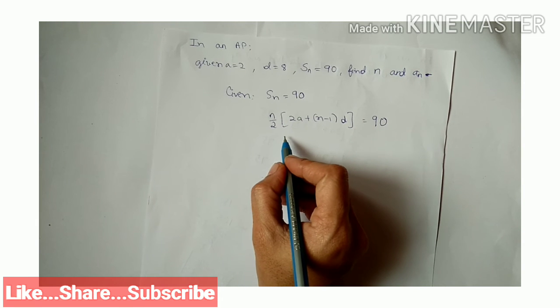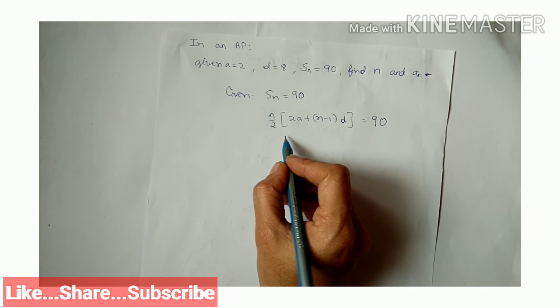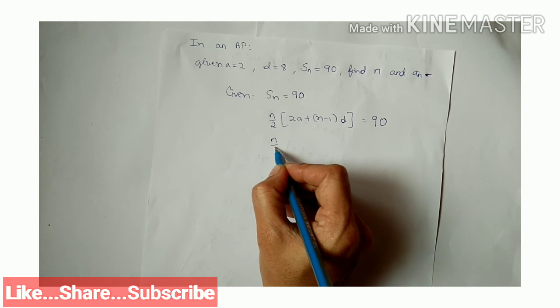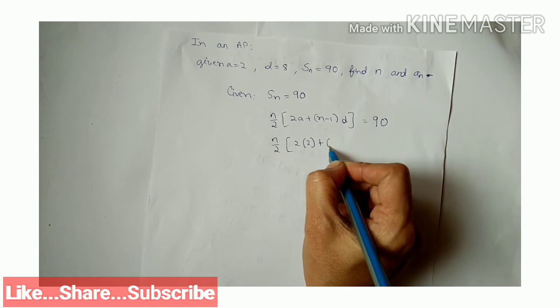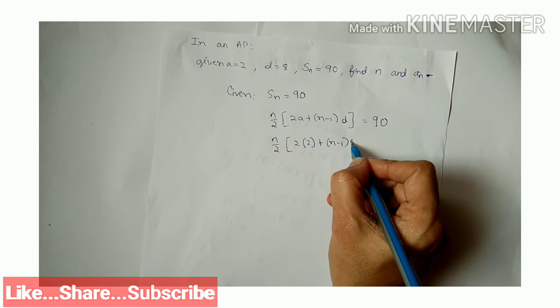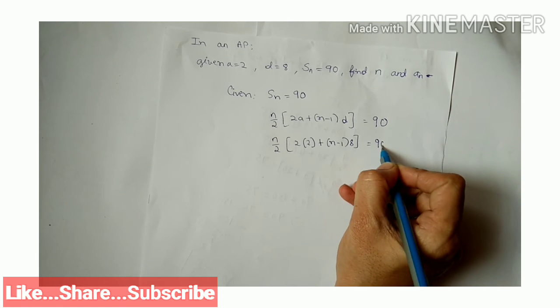Sum of first n terms of AP, n by 2, first term 2 plus n minus 1 common difference D 8 is equal to 90.